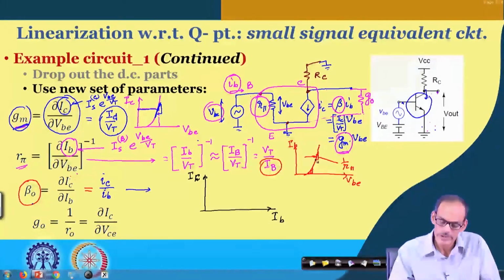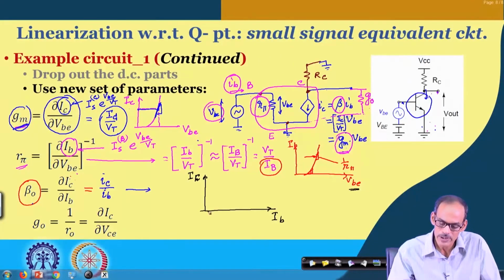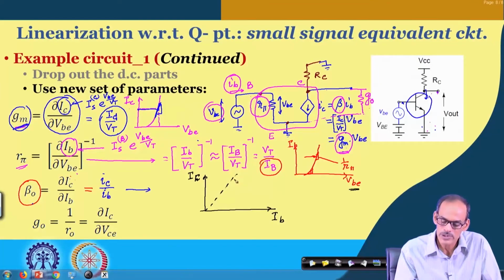Since both have exponential dependency on the same parameter, V b, it is expected that the plot will be linear, and the slope of this line will of course be beta f.